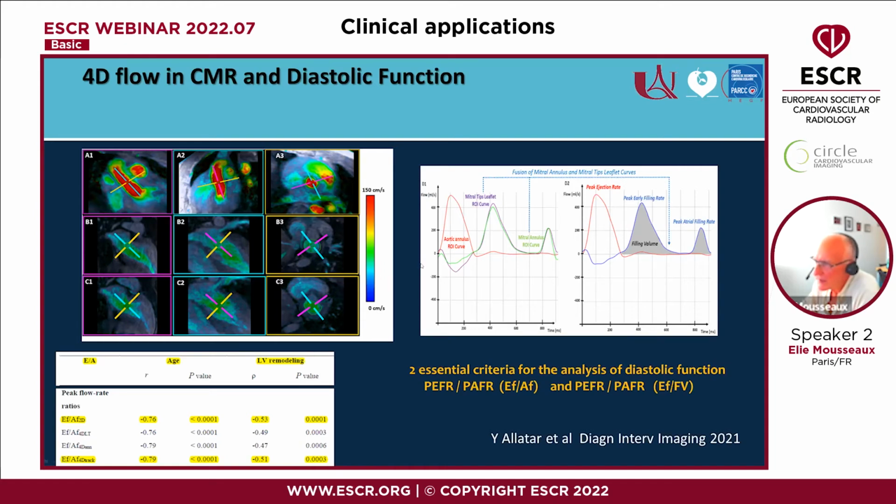And by using dedicated software, now we can also use the maximal flow within the ascending aorta, comparing only the two different levels at the mitral valve level. And if you compare in healthy volunteers the mitral filling during the diastole and the flow during the ejection, this is exactly the same in normal volunteers.